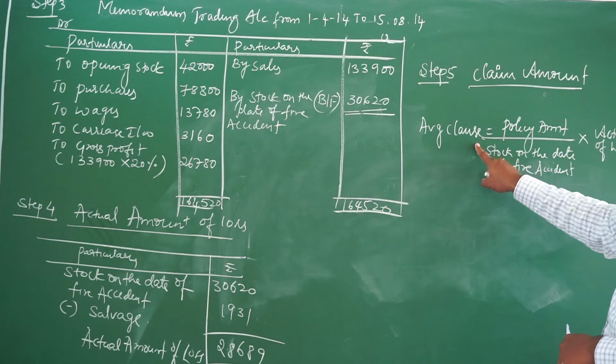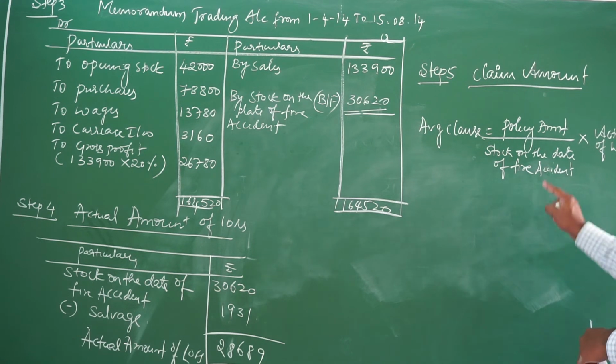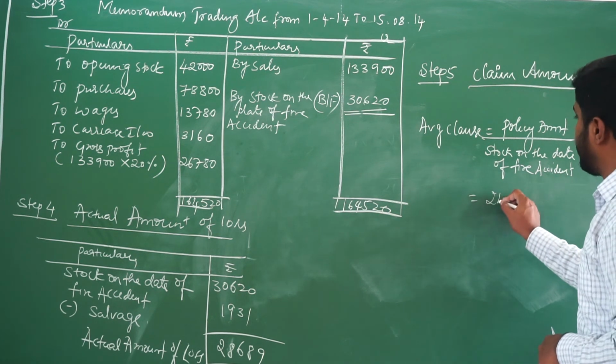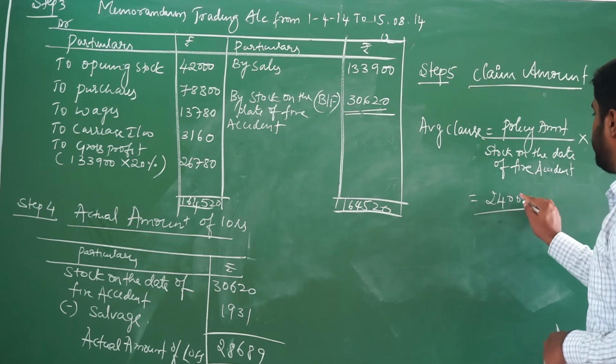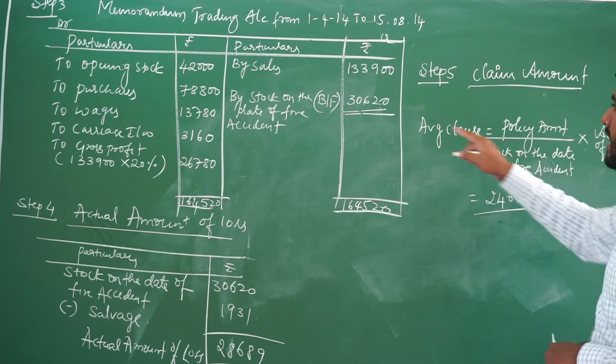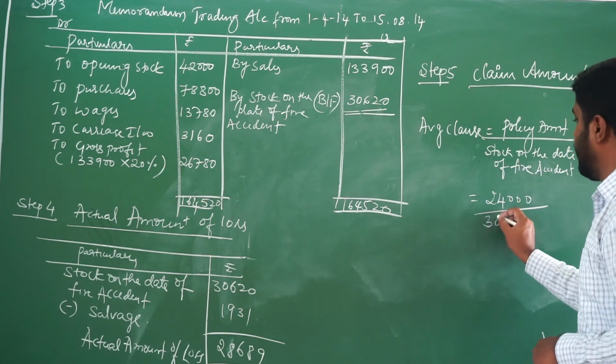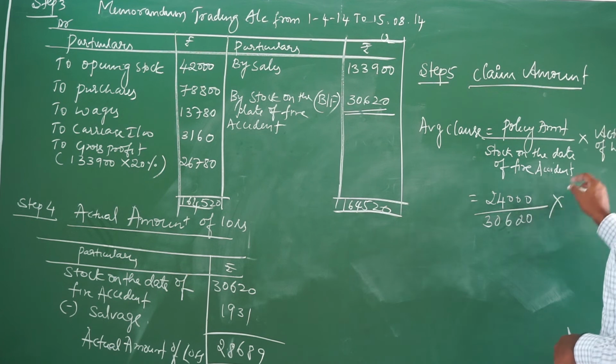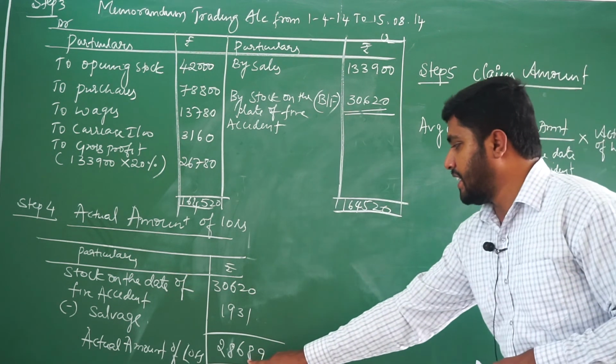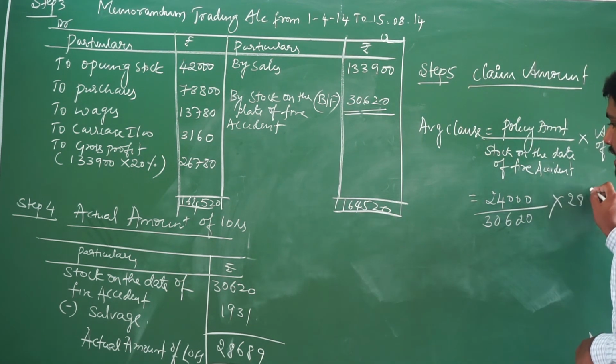The average clause formula is policy amount divided by stock on the date of fire accident multiplied by actual amount of loss. So the policy amount is 24,000 rupees, divided by the stock on the date of fire accident, 30,620, multiplied by the actual amount of loss, 28,689.